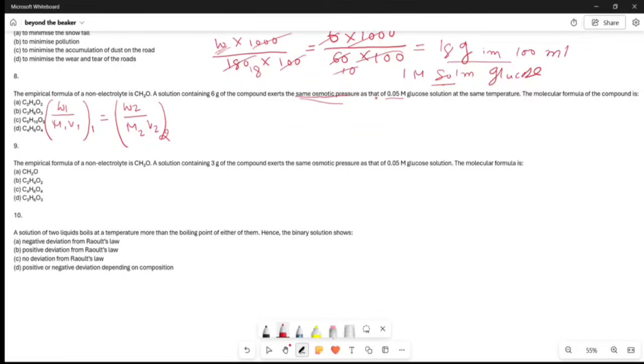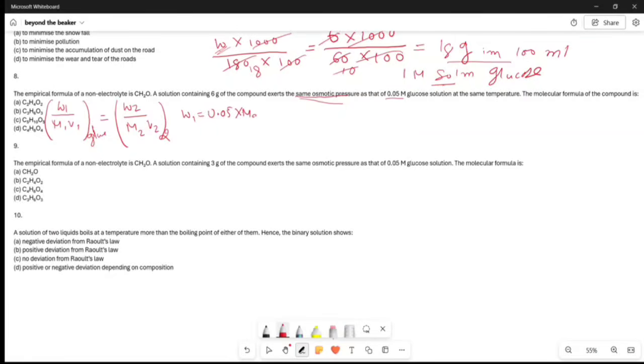What is W1 here? I take this for glucose. First we have to calculate W1, the weight of the glucose. The weight of the glucose means 0.05 multiplied by the molar mass of the glucose.